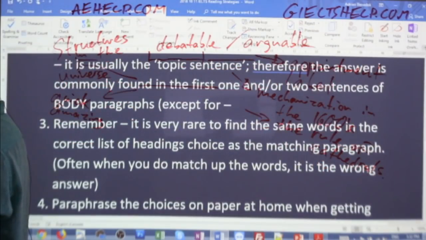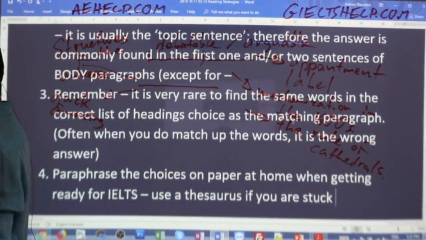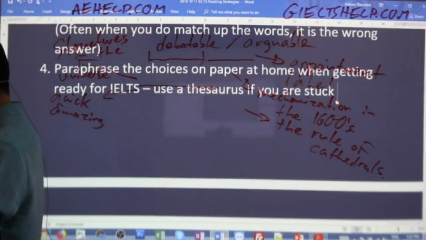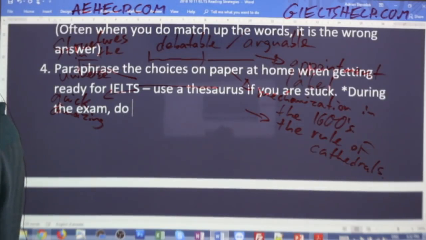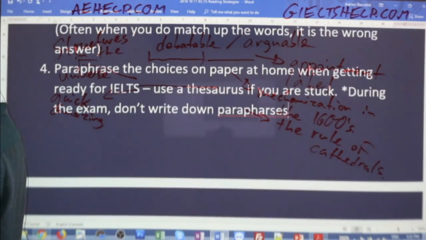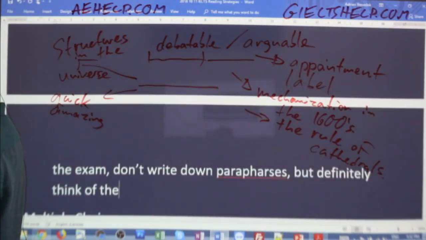All right. So remember, paraphrase. On the IELTS, so during the exam, don't write down the paraphrasings unless you're very quick. But definitely think of them in your head. Okay?